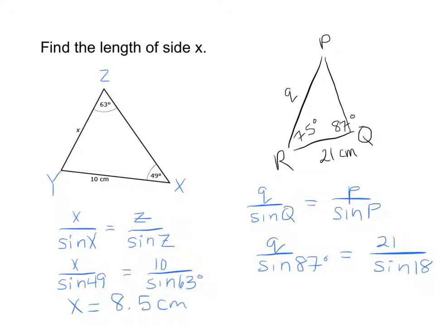18. And it's 18 because of the triangle angle sum theorem, which says that all of the angles in a triangle have to add up to 180. So if you do 180 and subtract 75 and 87, that means that one is 18.